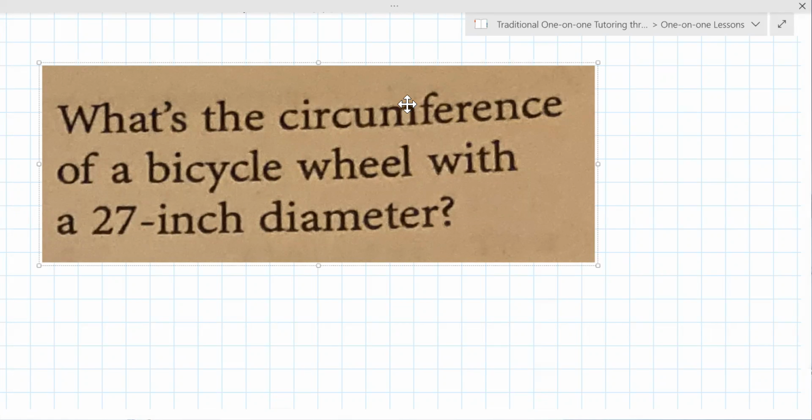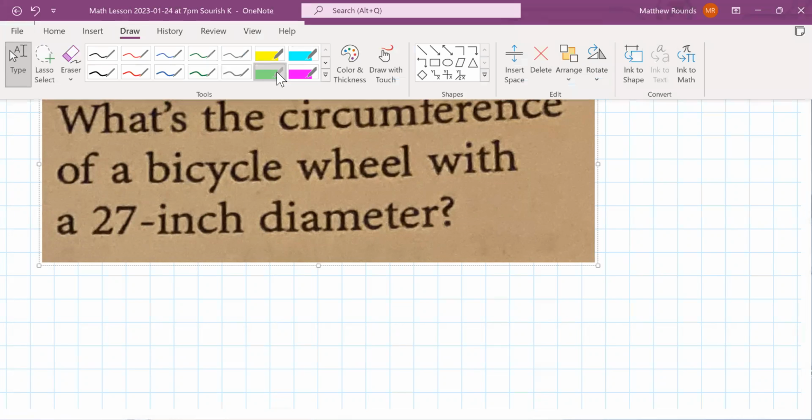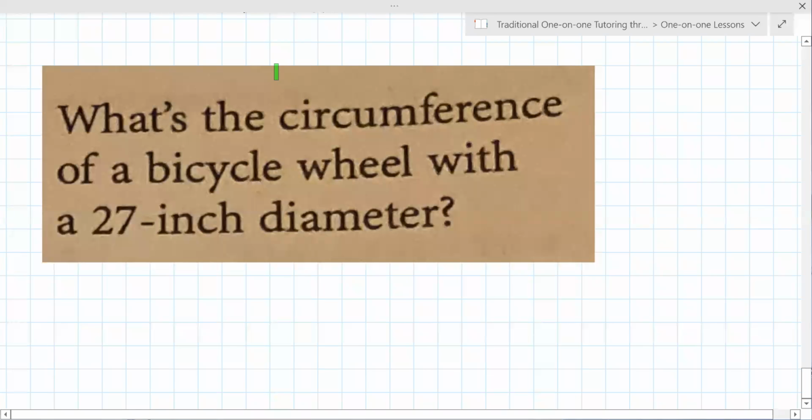What is the circumference of a bicycle wheel with a 27-inch diameter? 27 inches. What is this problem asking for, Sourish? What is the circumference of the bicycle wheel with a 27-inch diameter? 27.